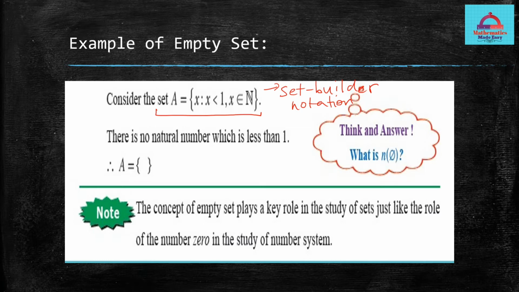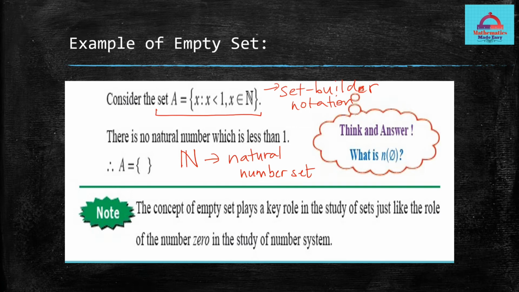Now I'm sure you will remember we had done some special types of sets. So this capital N denotes the natural number set. I would want you to think: is it possible to get any natural number which is less than 1? Think about it. If you wish, you can pause the video, and then we are going to discuss the correct answer.